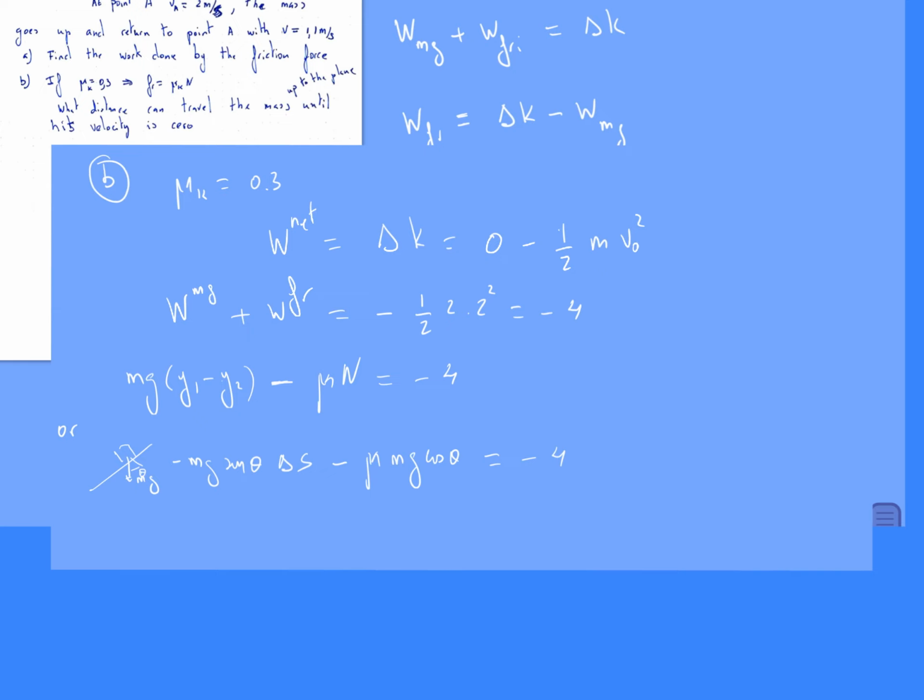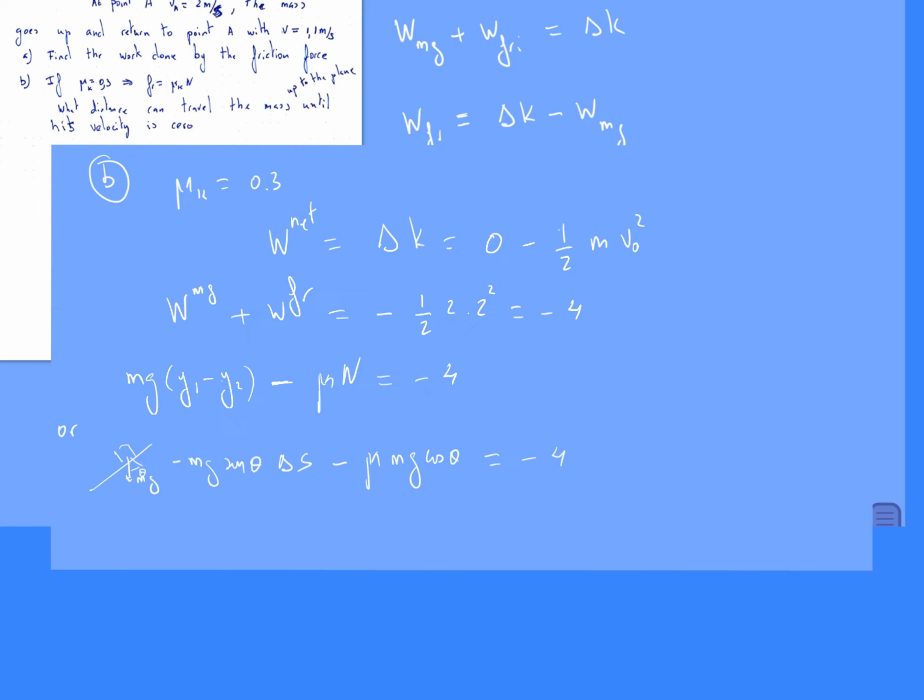The work of the weight is always mg times y1 minus y2. We have seen so many times that this is the work of the weight, and the work of the friction is negative, mu times the normal. And this amount, the net work, is the change in the kinetic energy, which is minus 4. 2 squared is 4, 4 divided by 2, 2 times 2 is minus 4.